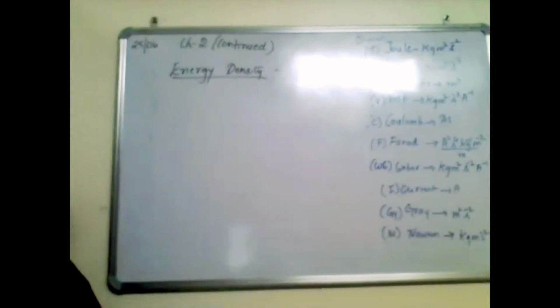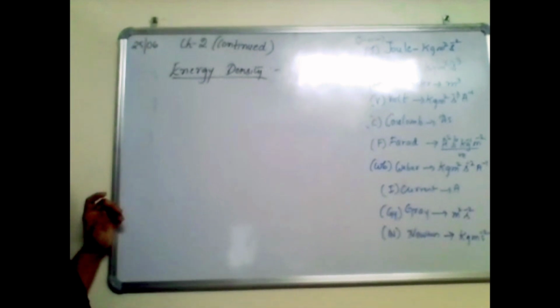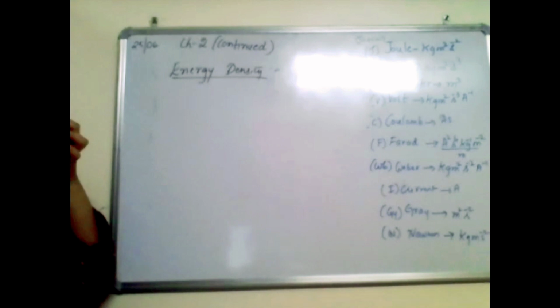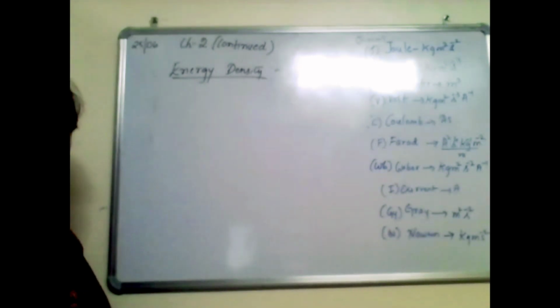Now, when I'm talking about electric charge density, what do you mean by... sorry, energy density. What is energy density, children? Energy density is nothing but the amount of energy stored in a given system or region of space per unit volume.